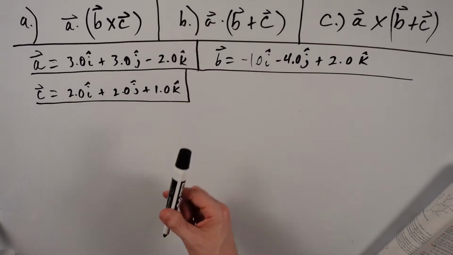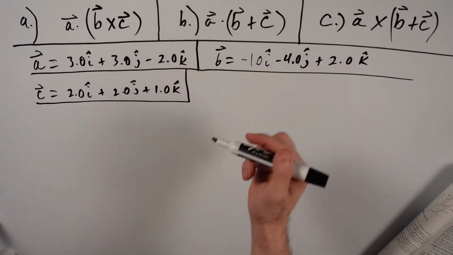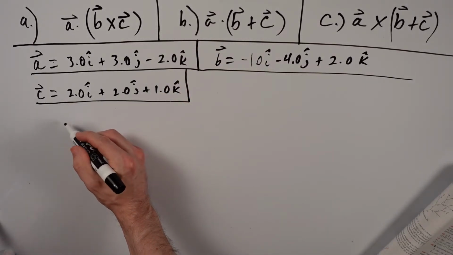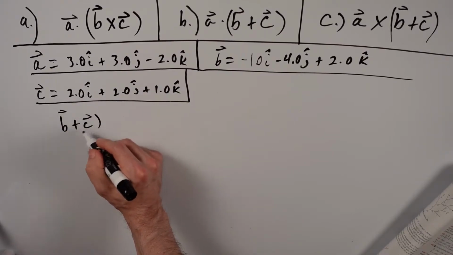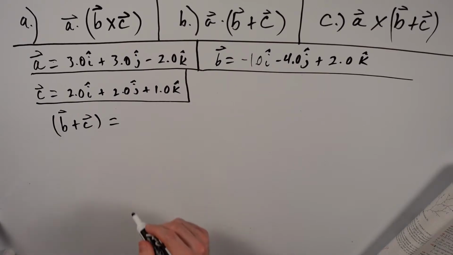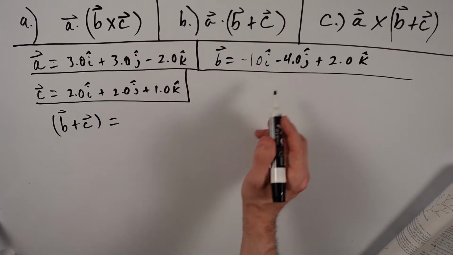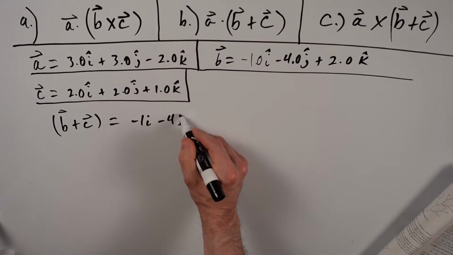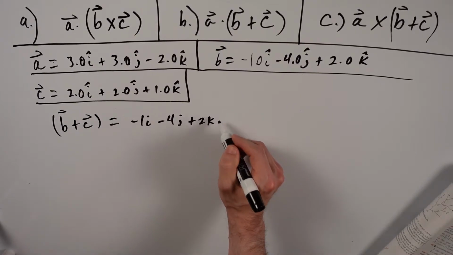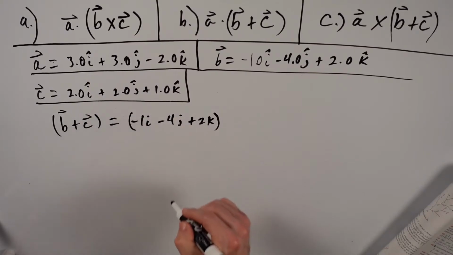Now we're going to do B. So it's A dot B plus C. So the first thing we want to do is B plus C. So we have -1I, -4J plus 2K.